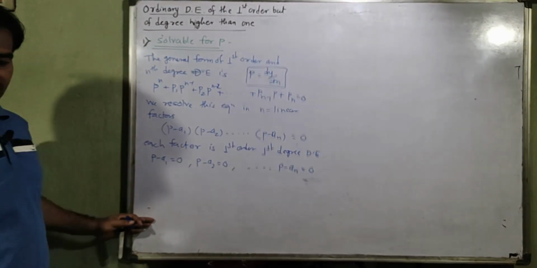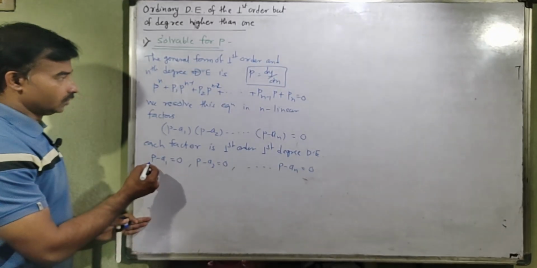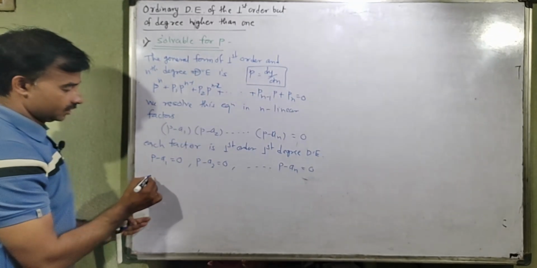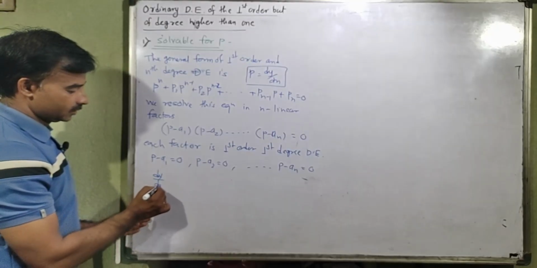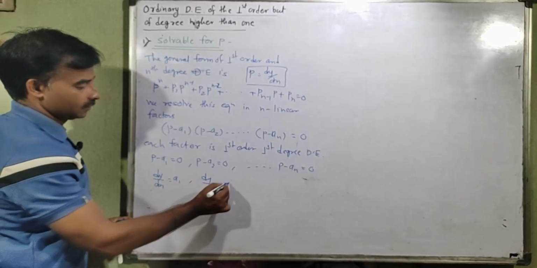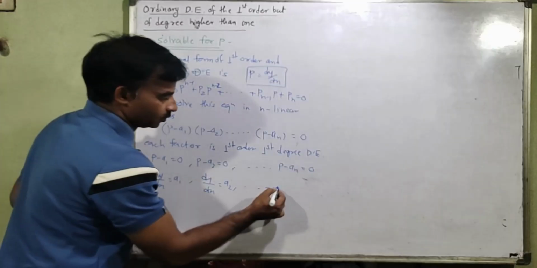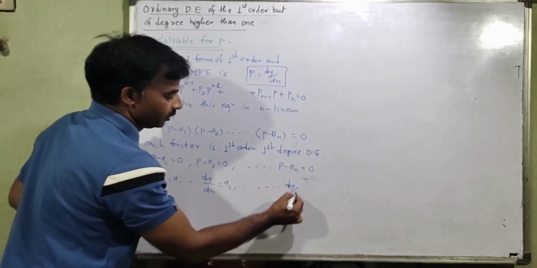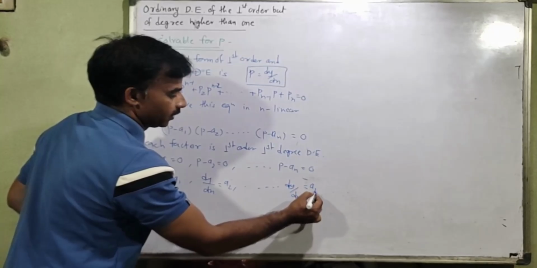Okay, and we know that P is equal to dy by dx, therefore dy by dx is equal to a1, dy by dx is equal to a2, and so on up to dy by dx is equal to an here.